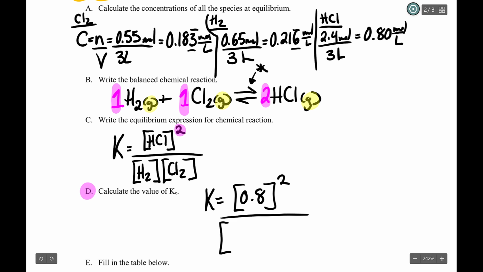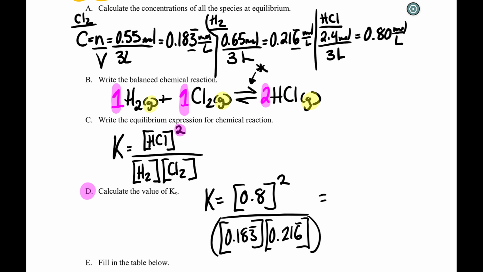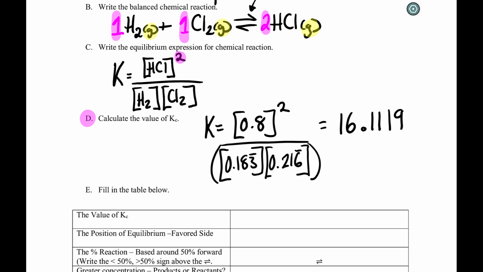I have 0.183 repeating on the bottom times 0.216 repeating, and I'm going to double bracket that just to make sure it's okay. And then I'm going to plug this into my calculator and get an answer. And I got a value of 16.1119. I will convert this into scientific notation, so this would move over 1, and this would be 1.6 times 10 to the power of 1.